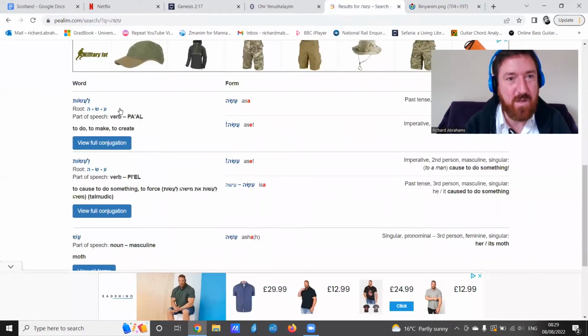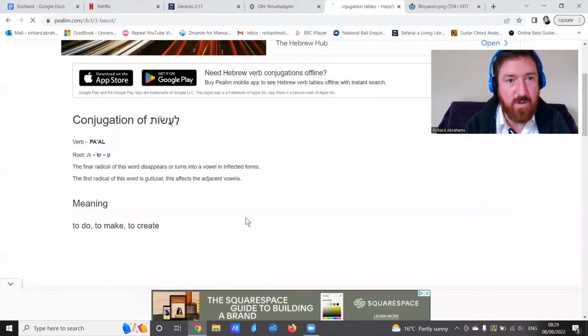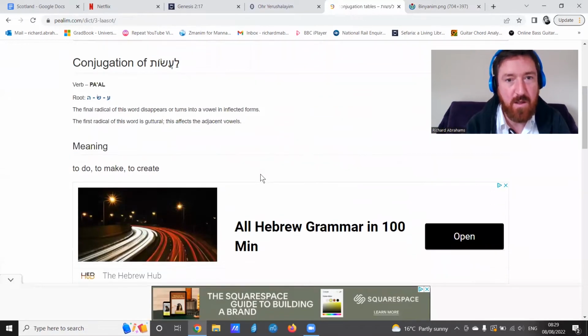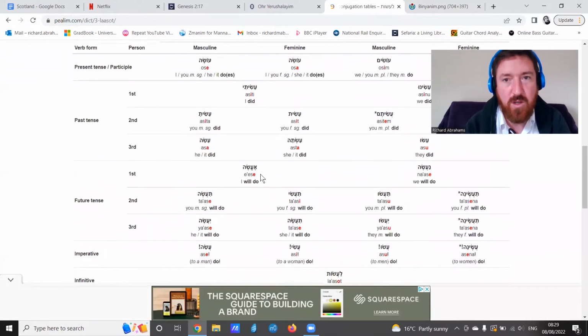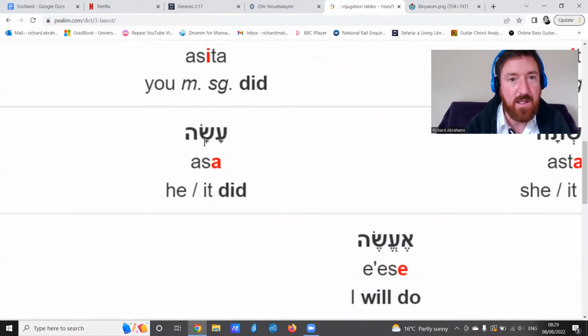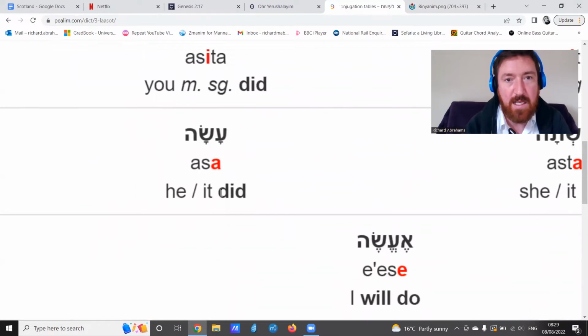So let's start with the pa'al for asa. We'll go into asa. With this root, we find which version of this word, who's doing it, when they're doing it. The one that's closest to the pa'al is asa, he did.